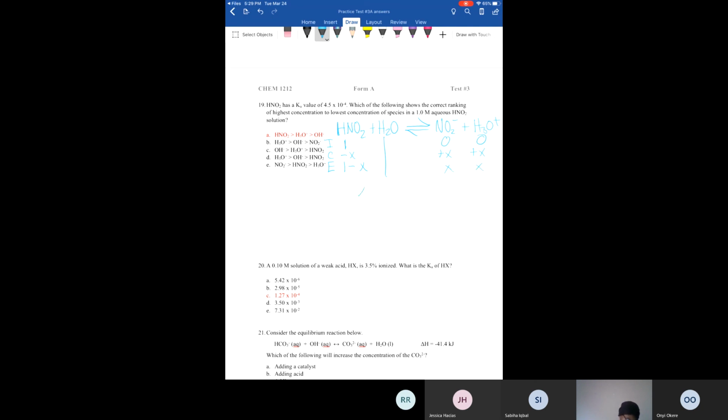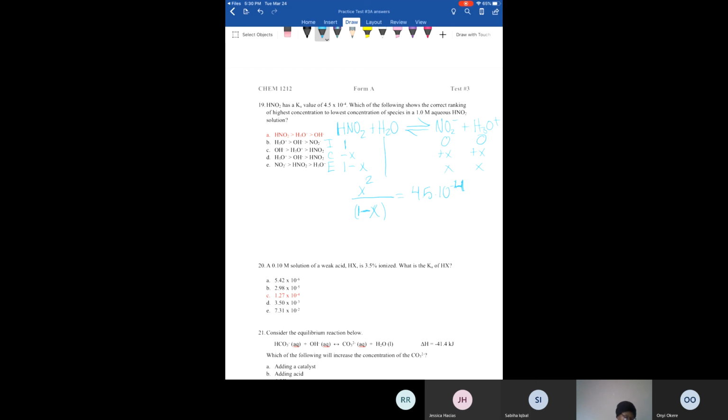Okay, so you get x squared over 1 minus x equals 4.5 times 10 to the negative 4. This is going to require a quadratic equation.